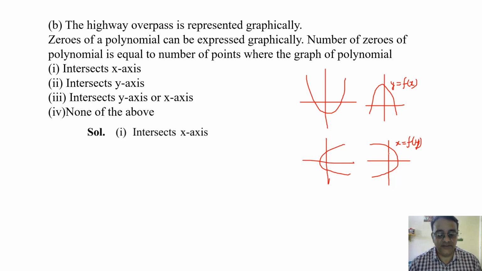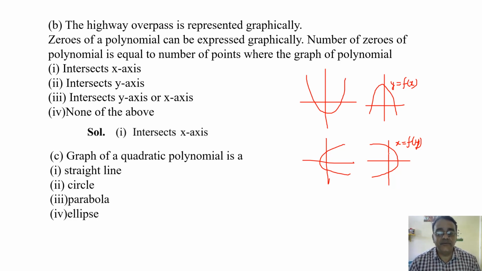Okay, fine. Now the graph of a quadratic polynomial is a straight line, circle, parabola, ellipse. Parabola. So the correct option is the third one.